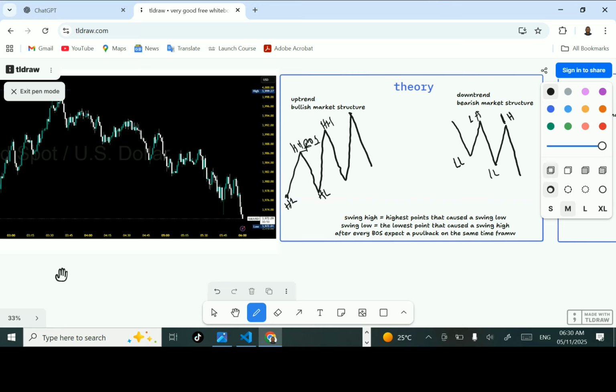And you're finding out that even here, the market is breaking structure. At this point, where the market breaks structure, this point is considered to be a lower high point.